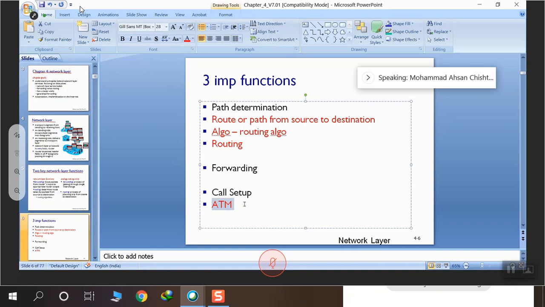How? We understood this if you remember the call setup, the virtual circuit.